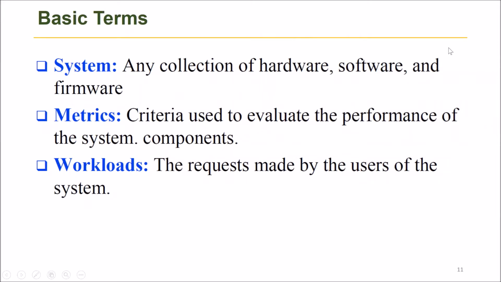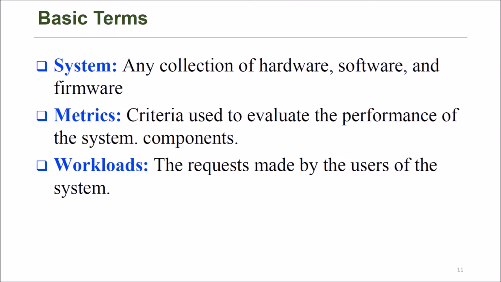Let's define common term first. System. System is any collection of a hardware, software, or a firmware. Consider that we want to analyze the storage system of a computer. Then the hard disk is our system. Metric. Metric is the criteria that we want to use for evaluating the system.